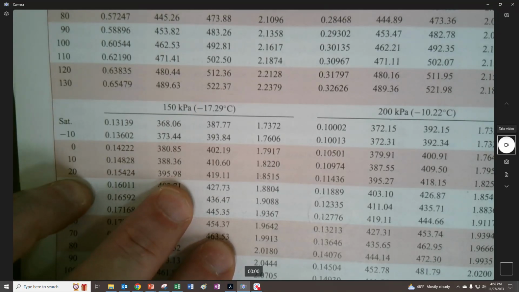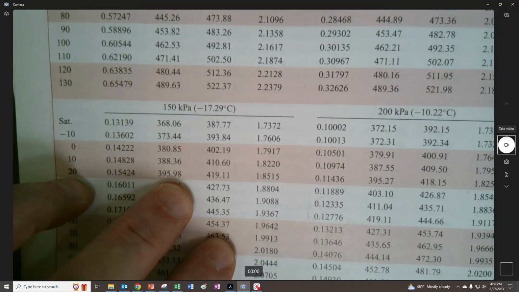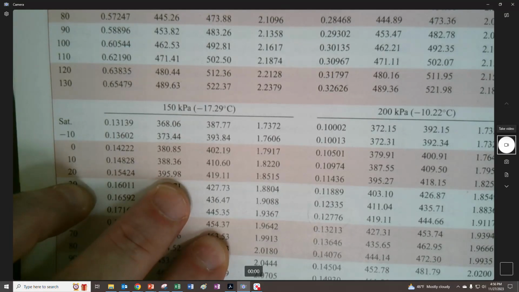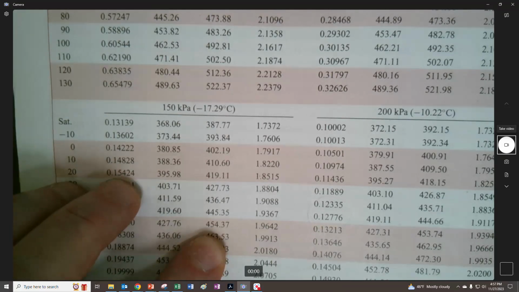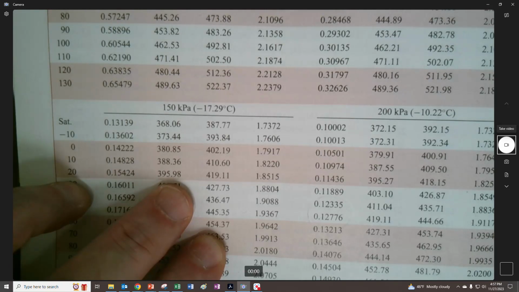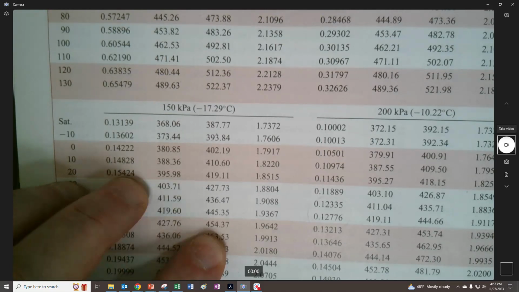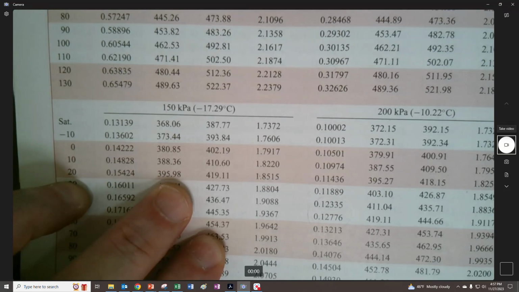If there's no work, well, we know there is work being done. The work and the heat are going to offset. It's hard to say. It's not an isobaric process, but the pressure does have to change. All right. Anyway, let's take a look at what we can do.